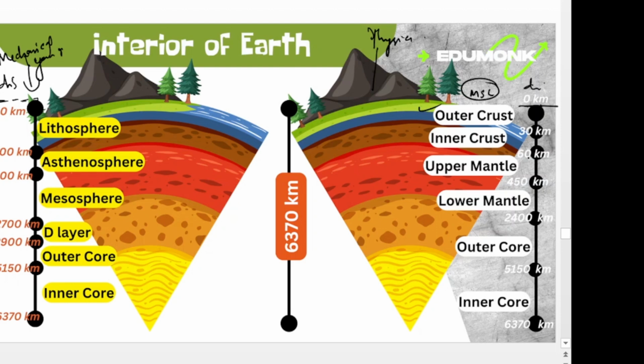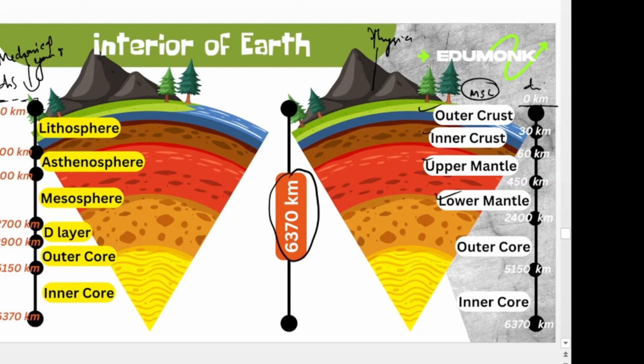Then 30 to 60 kilometers you have the inner crust. 60 to 450 kilometers you have the upper mantle. 450 to 2,400 kilometers you have the lower mantle. 2,400 to 5,150 kilometers you have the outer core, and 5,150 to 6,370 kilometers you have the inner core. The total distance from the surface of Earth to the interior of Earth is 6,370 kilometers.